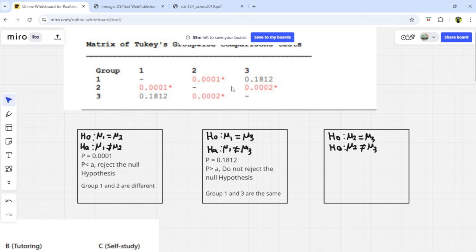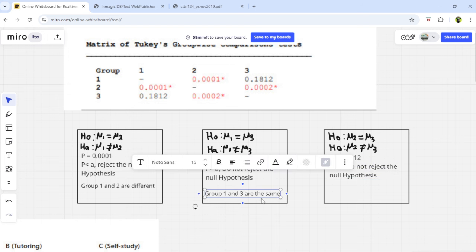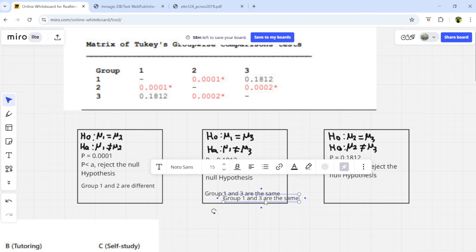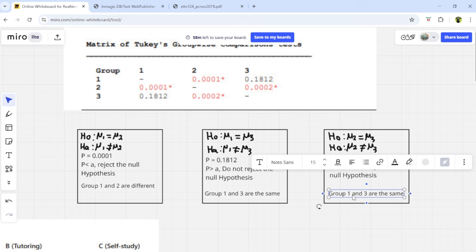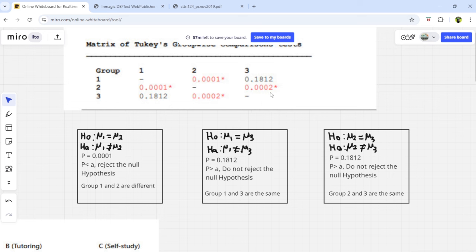If you look at group 2 and group 3, you see that it is 0.0002. So what you're going to do is the same thing that we did for the other groups as well. So here the p-value is 0.0002.